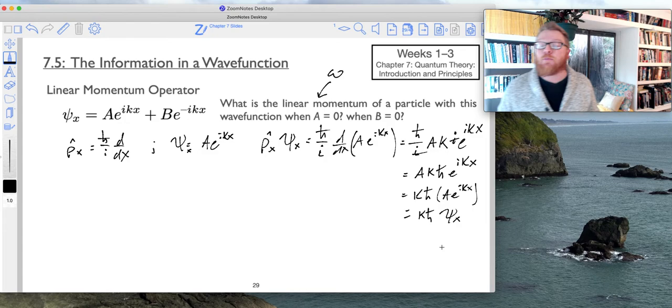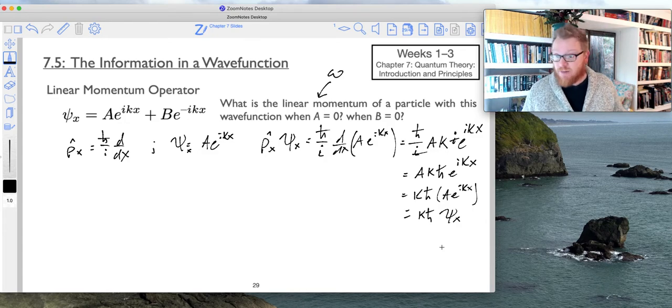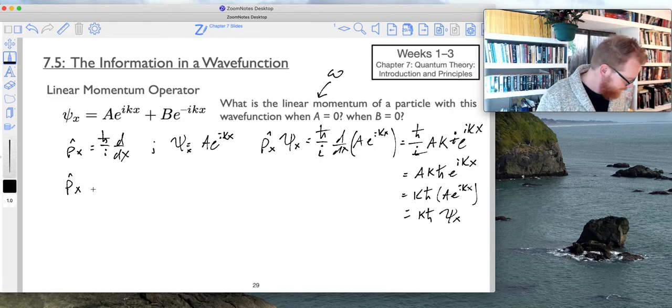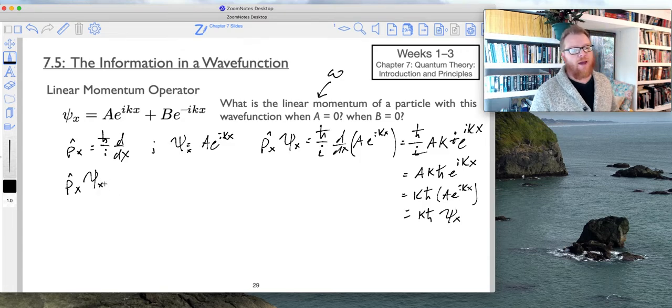So k h bar is a constant; it is an eigenvalue. So we could say, succinctly, the linear momentum of psi of x, in this case, equals, and I'm going to write the positive sign just so we know it's written down, positive k h bar psi of x.